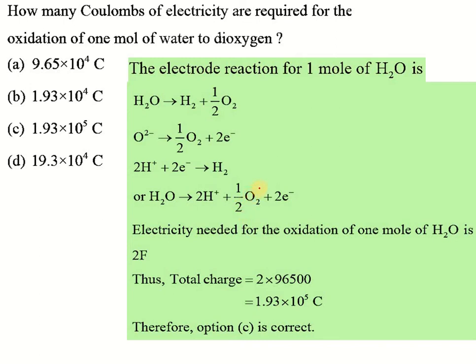That means 1,93,000 is the answer, which matches option C. Even you can take 19.3 × 10^4 also in this one.